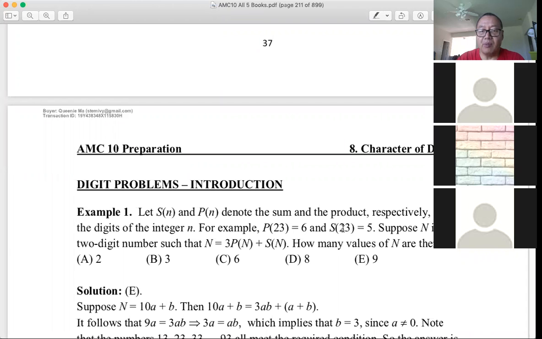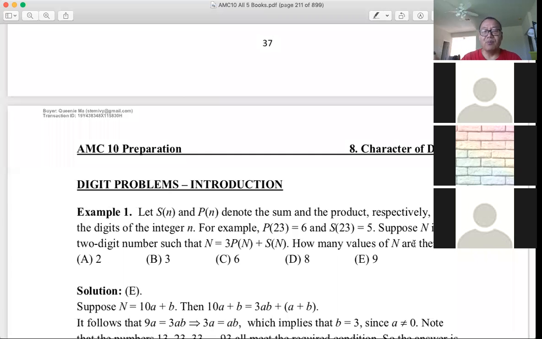S23, that's the sum of 2 plus 3, that's 5. Suppose a number n is a 2-digit number such that n equals 3 times Pn plus Sn. How many values of n are there?